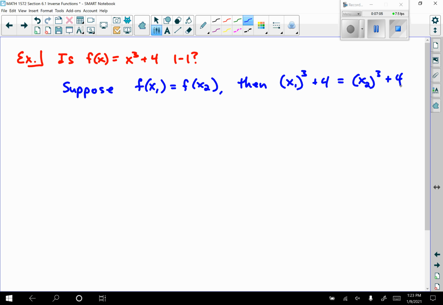Now I'm going to just go ahead and subtract 4 from both sides, so our first x value cubed should equal our second x value cubed. And then I'm going to take the cube root of both sides, and x sub 1 is equal to x sub 2. So because it worked out that way, if our outputs were the same, then our inputs must have been the same, and we just showed that they are. So we would say, yes, it is one to one.